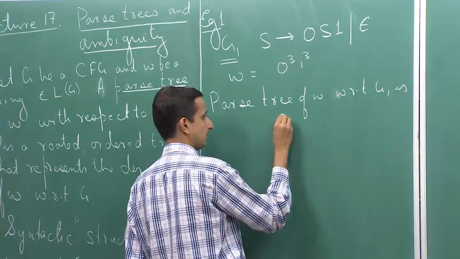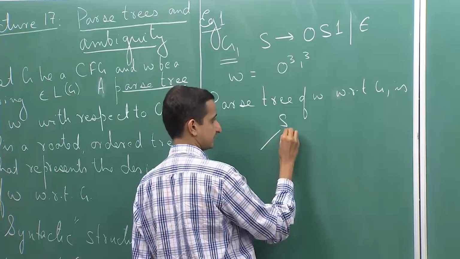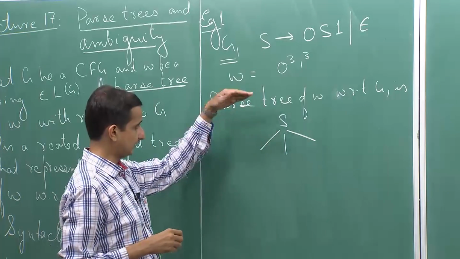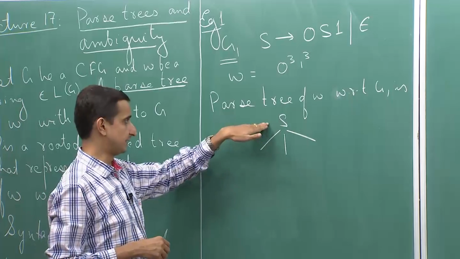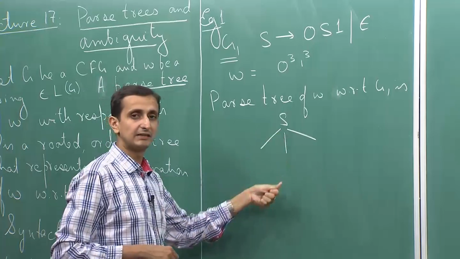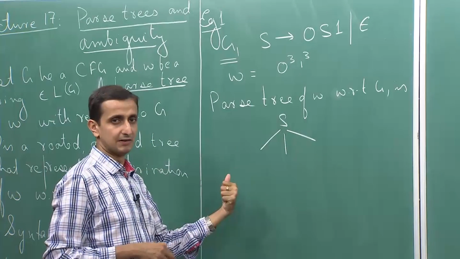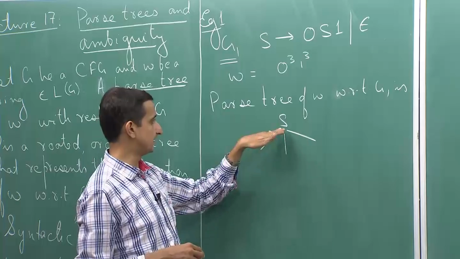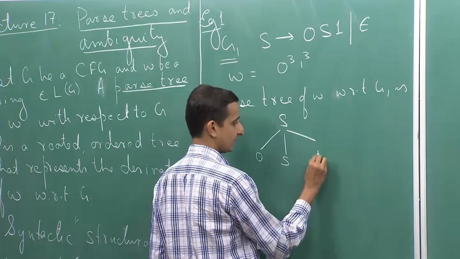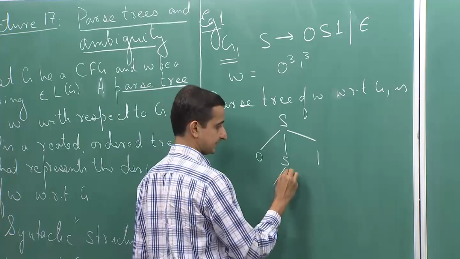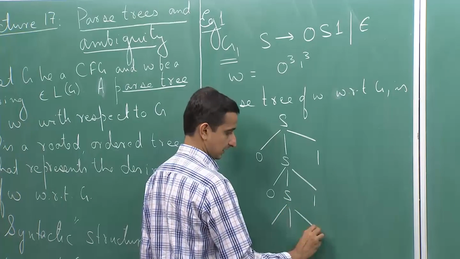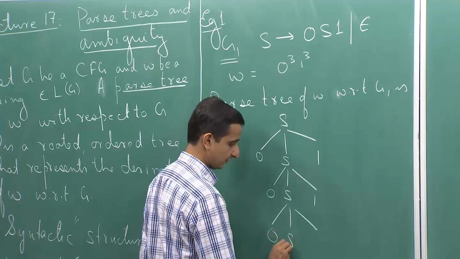We have a node S first. The root node represents the start variable, and each level represents what a variable in the layer just above it gets replaced with, the production rule used to replace that variable. So S gets replaced with 0 S 1 first, then this S gets replaced again with 0 S 1, and again this gets replaced with 0 S 1.